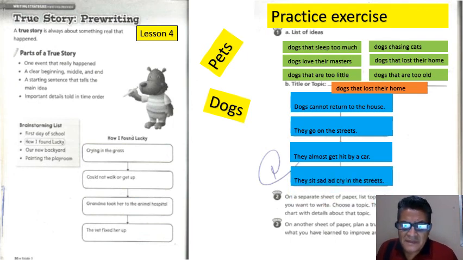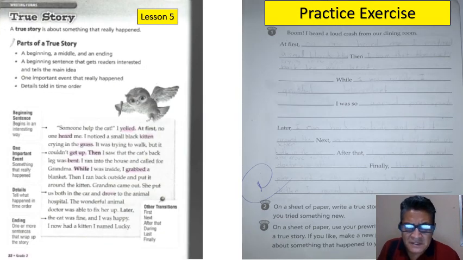And when they cannot come back home, dogs sit sad and cry in the streets. Sometimes we get to see some of these things. So as you can see, with information like this, we can develop a small paragraph and a story to tell. In this case, this is a sad story, but there are many other stories. Let's continue to our other lesson.